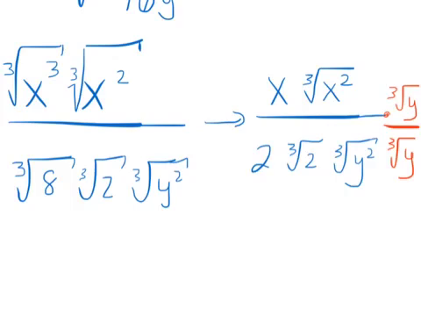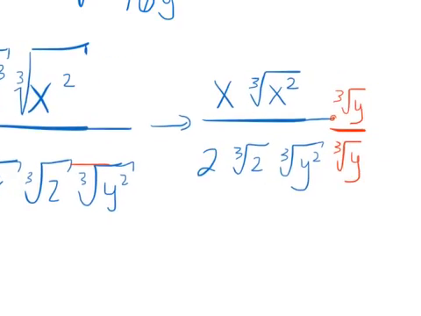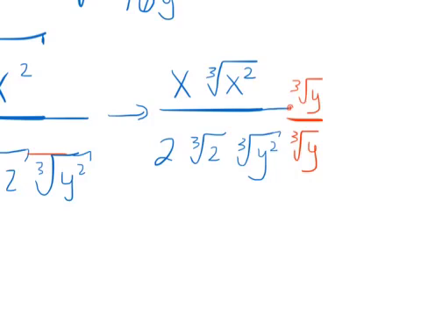Okay? I want to also get rid of that 2 though. Everybody see that 2 down there? What can I multiply 2 by to give me a perfect cube? 4. What's 2 times 4? 8. That'll make the denominator a cube root of 8 now. So in addition, I'm going to move it over. In addition to the y, we want to multiply it also by 4.